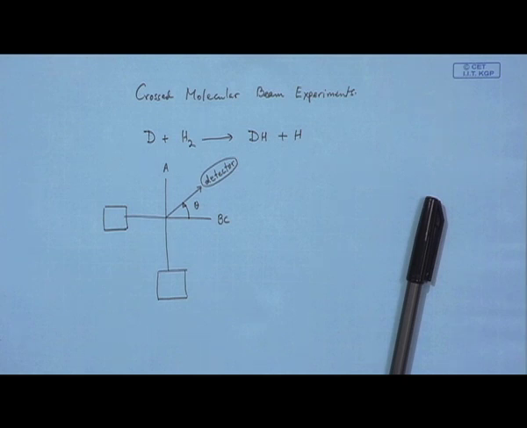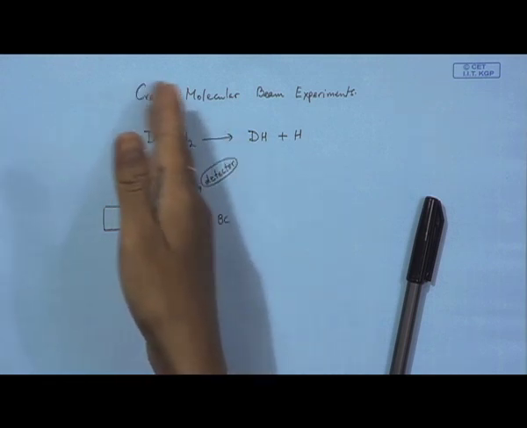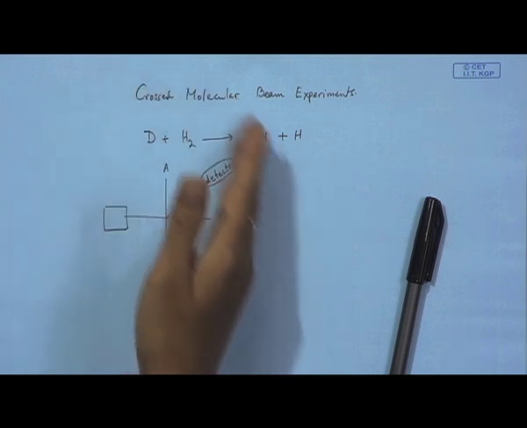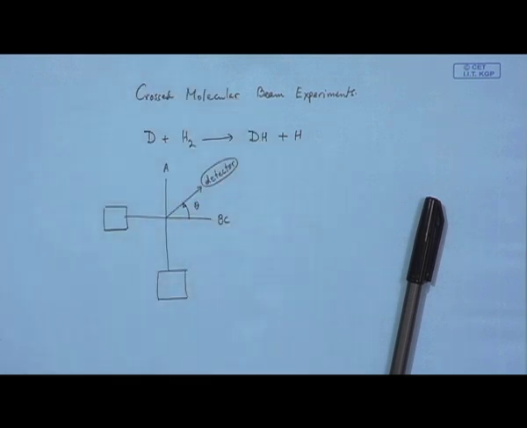So, with laser induced fluorescence or other techniques, you can detect your desired product, and then you find out the angular distribution, meaning how much has been distributed in which direction. That gives you additional information.